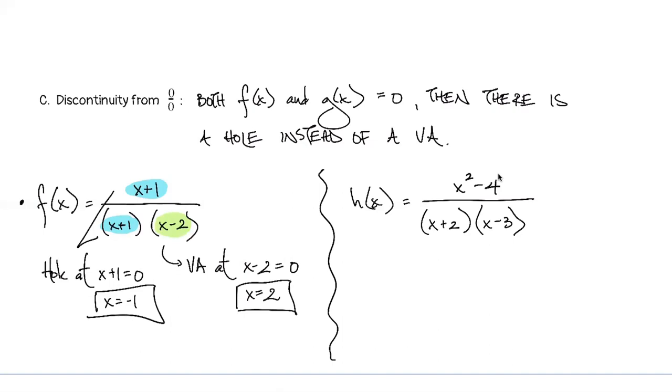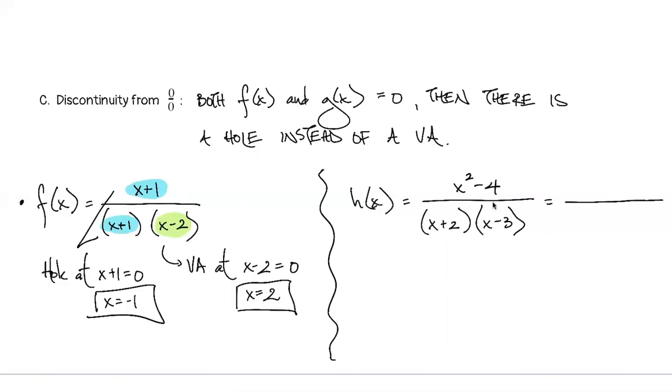Are there any holes or are there any vertical asymptotes, and how do you know? How did you folks get that there's a hole at x equals negative 2?